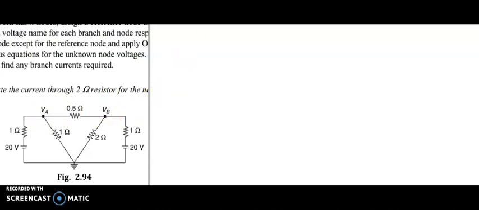So by applying KCL at node A, I have told you, the current entering into the junction is taken as negative and current moving out of the junction is taken as positive.